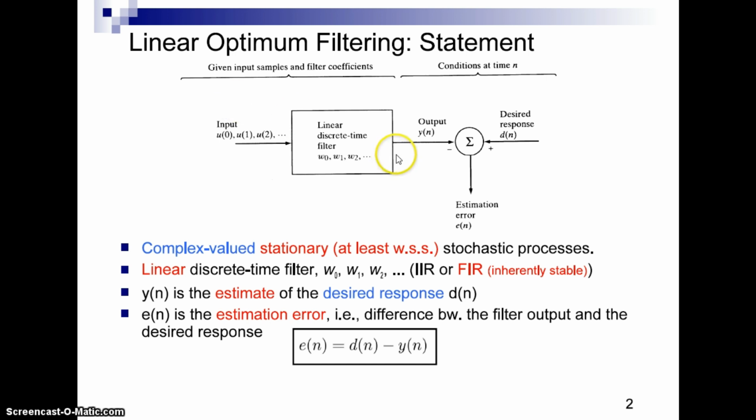In this figure, built around a linear discrete-time filter, the filter input consists of the time series u of 0, u of 1, u of 2, and the filter is itself characterized by the impulse response represented by the sequence W0, W1, W2, and so on.